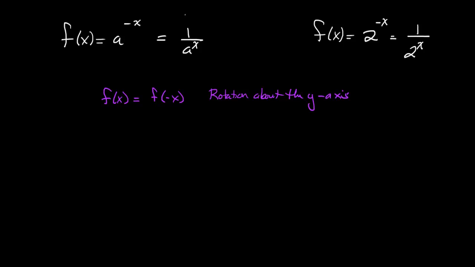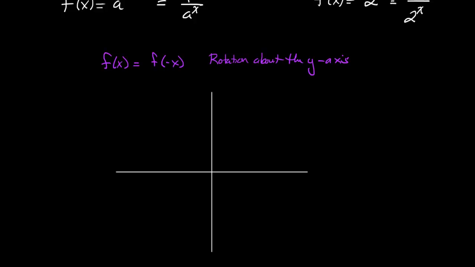So let's go ahead and see what happens, and we'll do this in white, the graph in white. So in purple, I'm going to go ahead and denote a to the negative x, and then in white, over here, I'm going to denote a to the positive x. So we know a to the positive x looks like such.